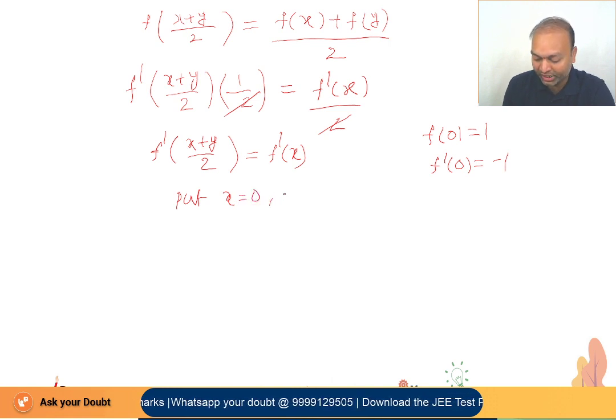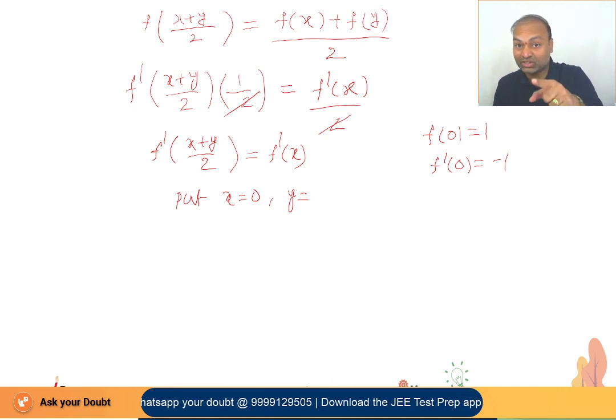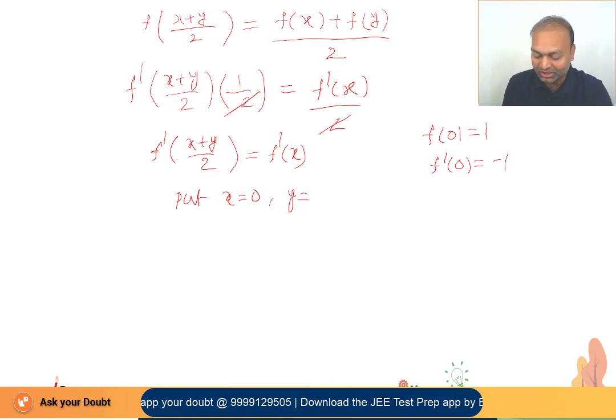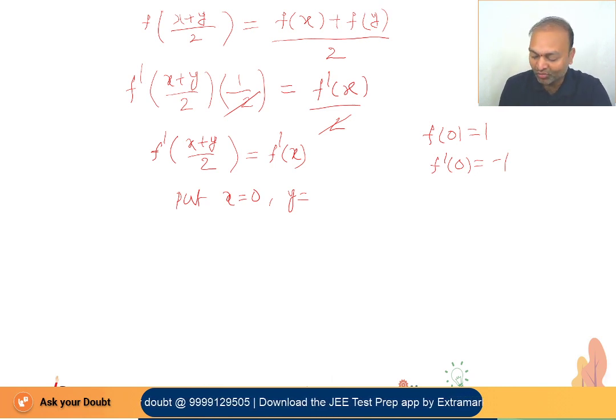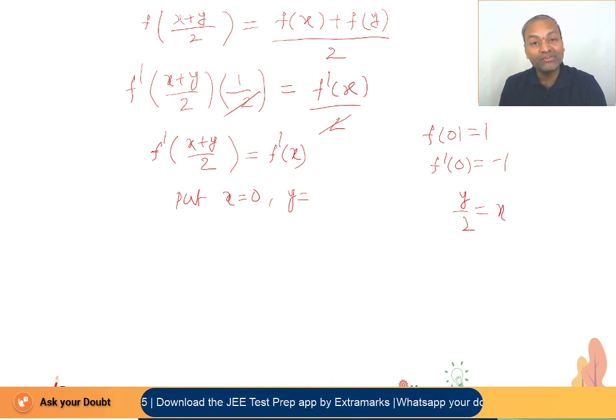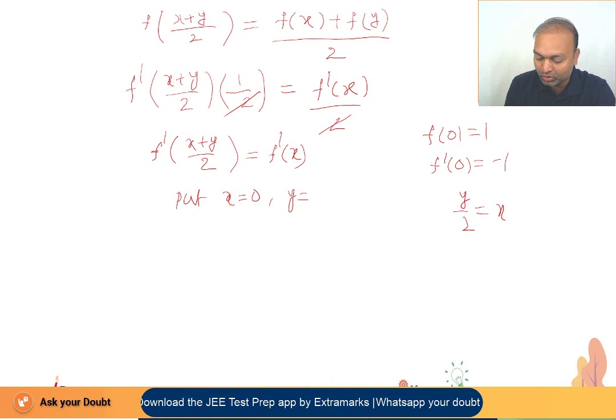If you substitute x is equal to 0, remaining is y by 2, correct? But actually we want f of x, so y by 2 is equal to x. Then the y value is 2x. So put y is equal to 2x.